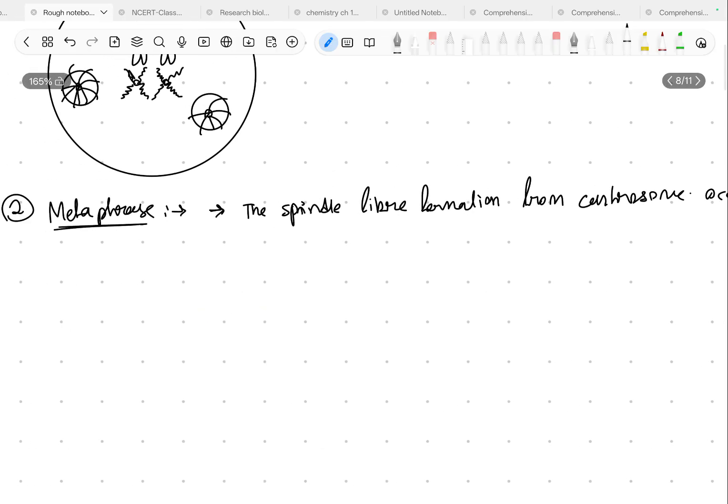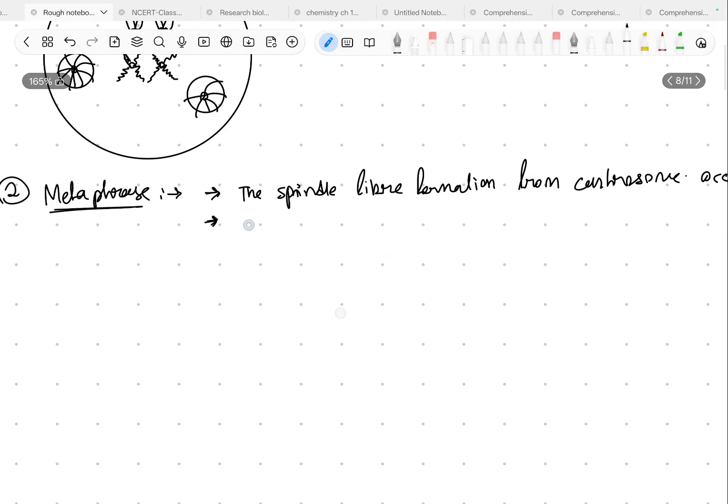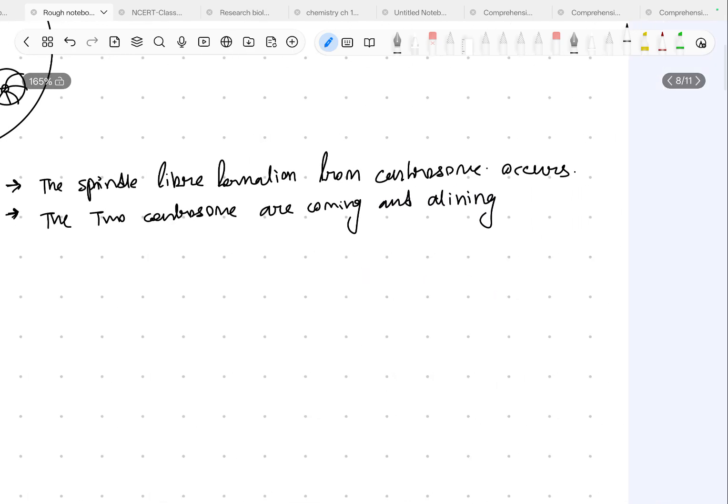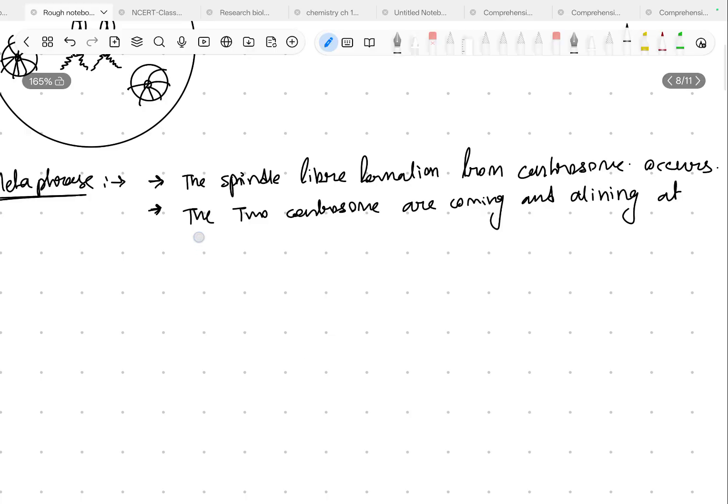And the two centrosomes are coming and aligning at the central axis.